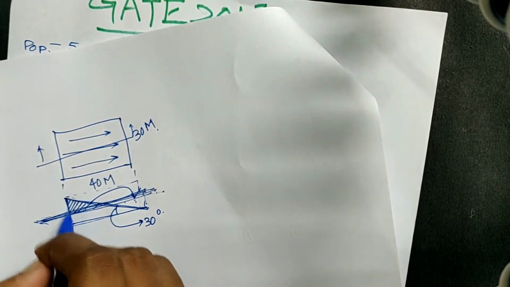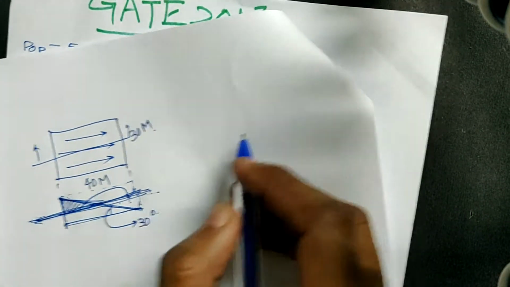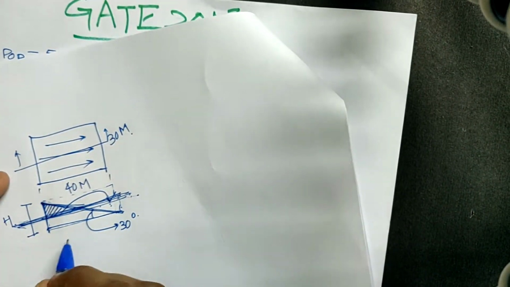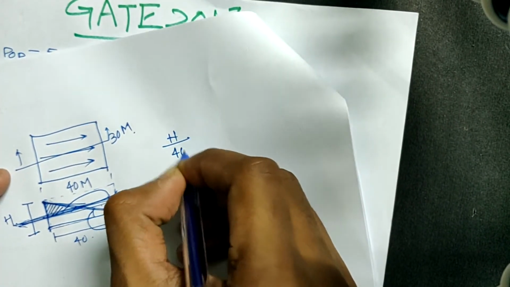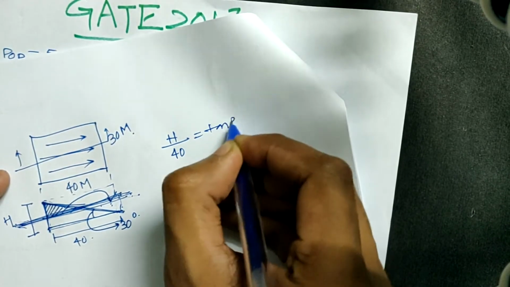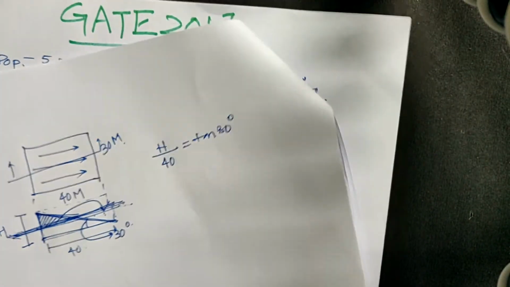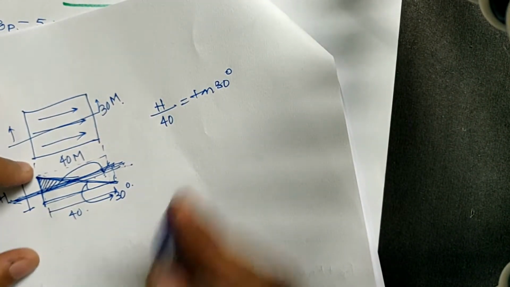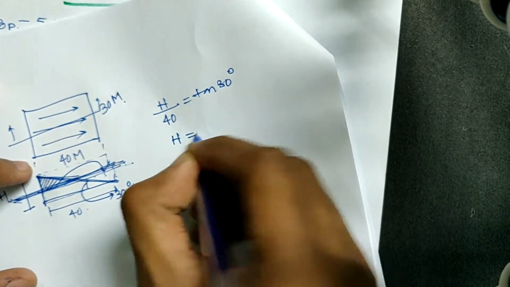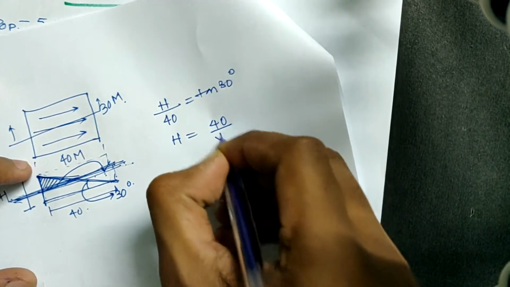So let us find out for this. Let us consider this as H, and this is 40. So H by 40 is equal to tan 30 degrees. This is H, the height of this is H. So H is equal to 40 by root 3.